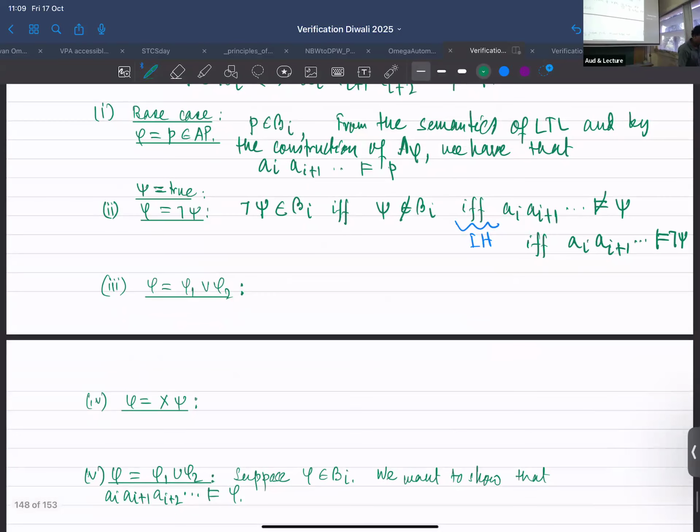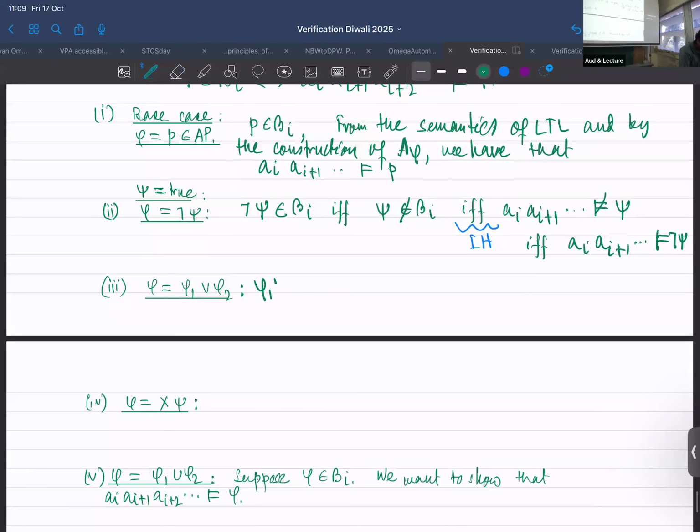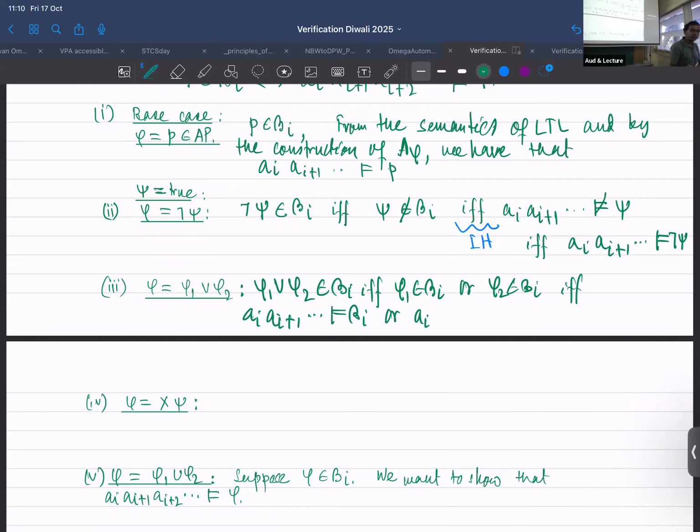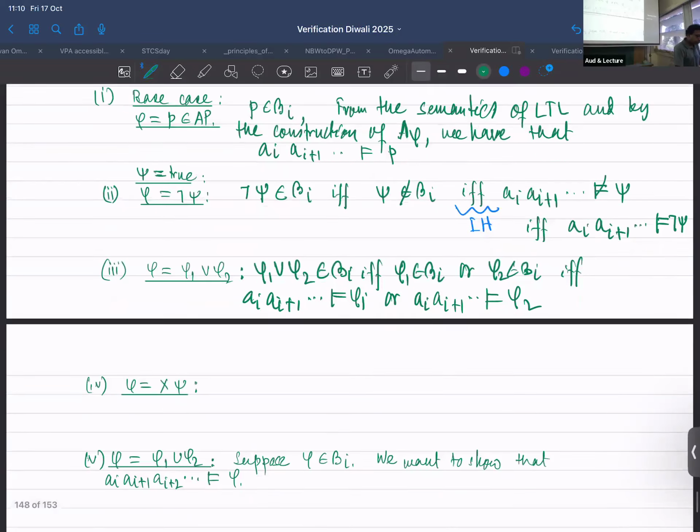What about phi 1 or phi 2? It's similar again. Phi 1 or phi 2 belongs to beta I if and only if phi 1 belongs to beta I or phi 2 belongs to beta I, if and only if a_{i+1}, etc. satisfies phi 1 or this satisfies phi 2.